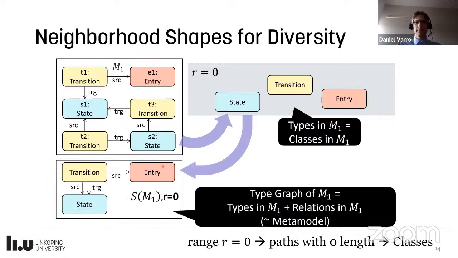Now, if you consider the types plus the relations of the metamodel M1, then we have something conceptually very close to what metamodels would describe. And when you talk about metamodel coverage as a testing criterion used in many model transformation and testing papers, that's practically the same setting.